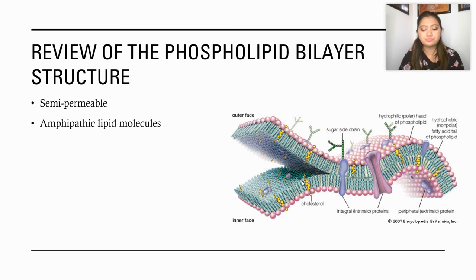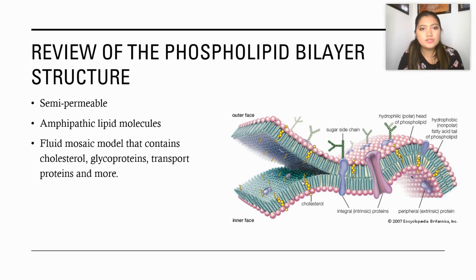Our phospholipid bilayer is called the fluid mosaic model because of all the different entities found in the membrane itself. It is kind of like a hodgepodge of different items. We have cholesterol, signified by that yellow hexagonal molecule.